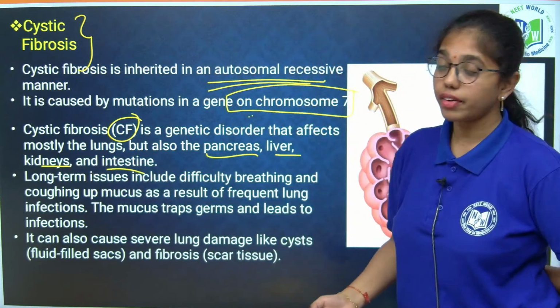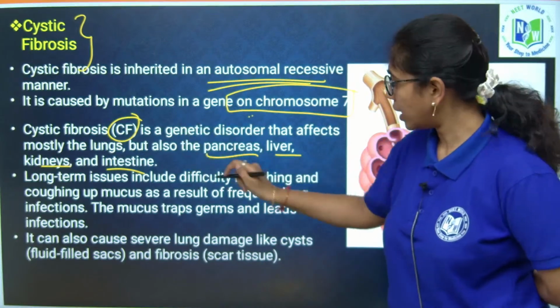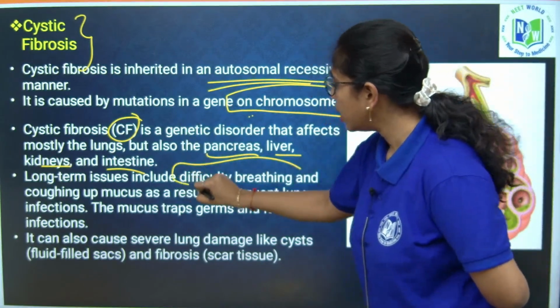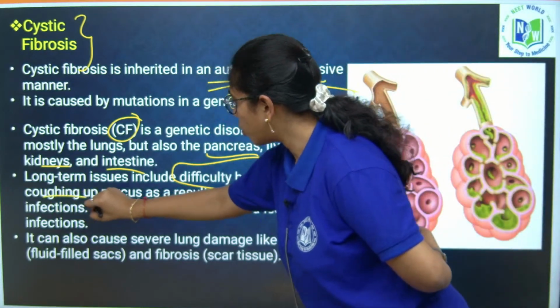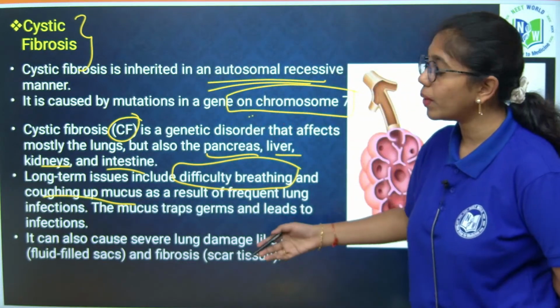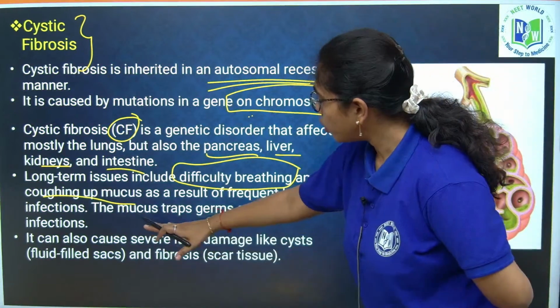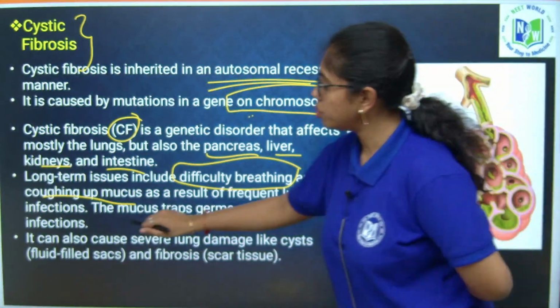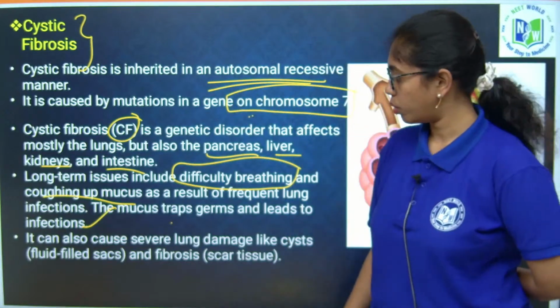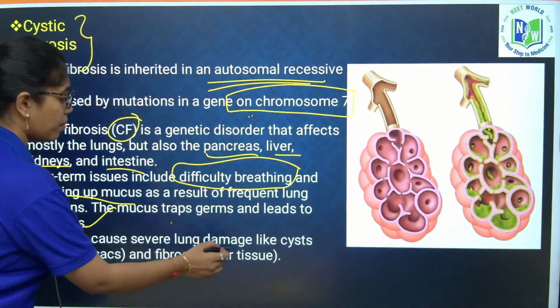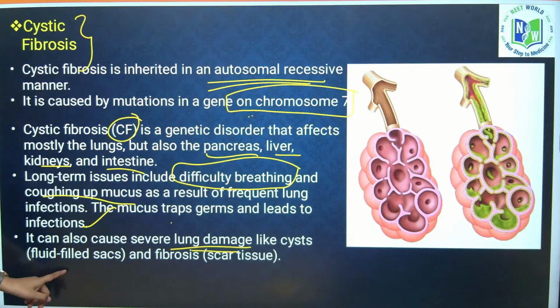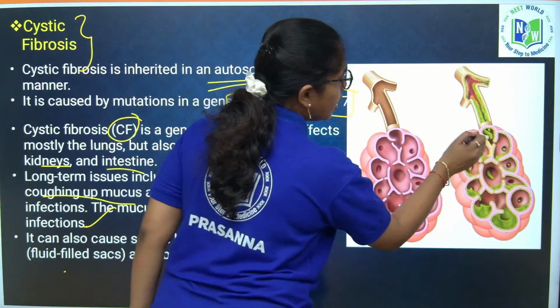Why is it affecting the lungs? As the effect is on the lungs, definitely there will be difficulty breathing and coughing up mucus as a result of frequent lung infections. The mucus traps the germs and leads to infections also. It can also cause severe lung damage, like cysts filled with mucus in the lungs.